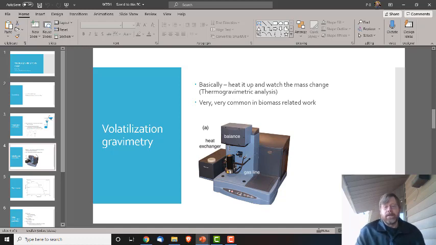So as I said, it's very, very common in biomass related work and a few other fields like that. Essentially, you've got a machine like this, a TGA, a thermogravimetric analyzer.